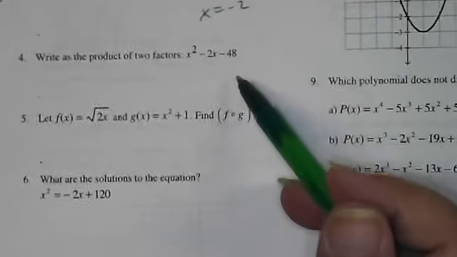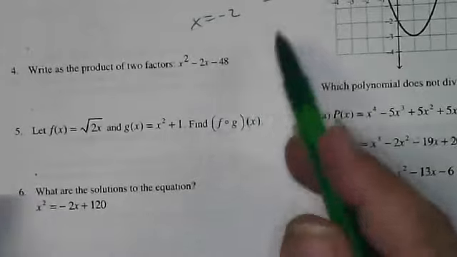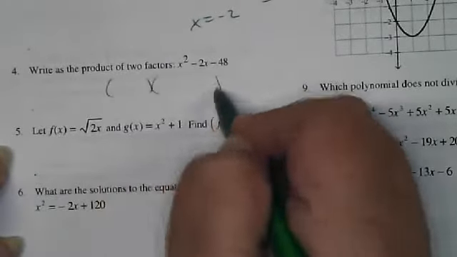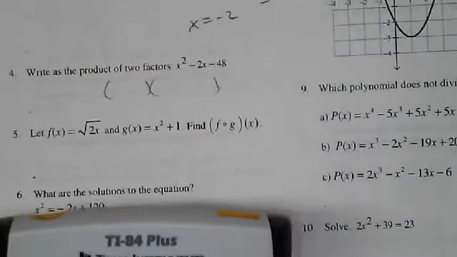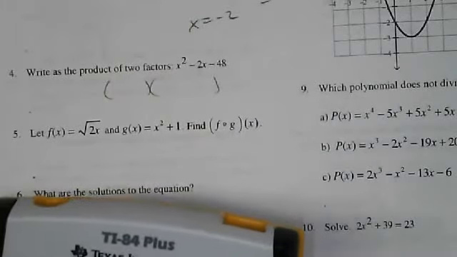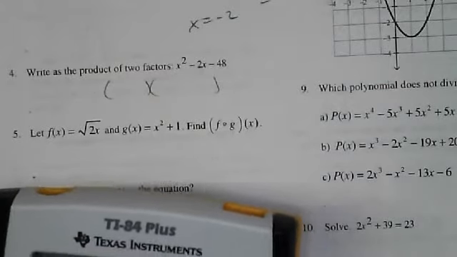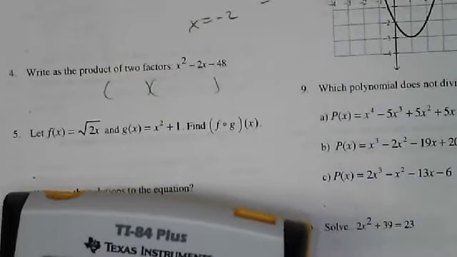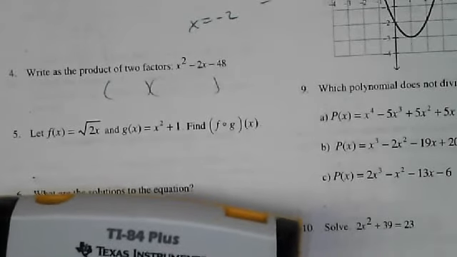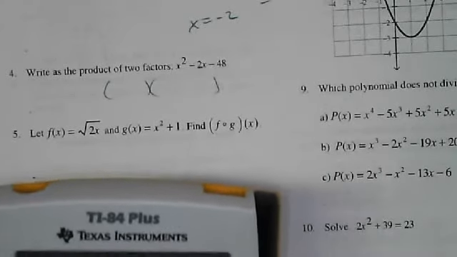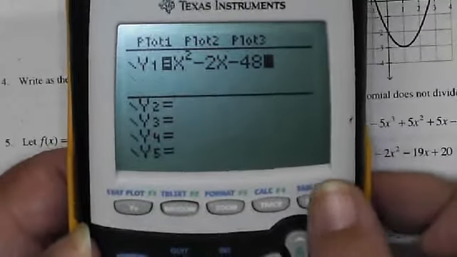Number 4, write this as a product of 2 factors. Again, put it in your y equals, get your 2 solutions from where it crosses. Y equals x squared minus 2x minus 48. So there it is right there.